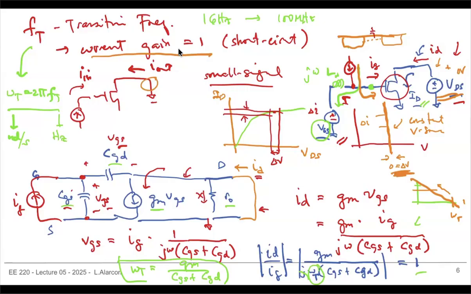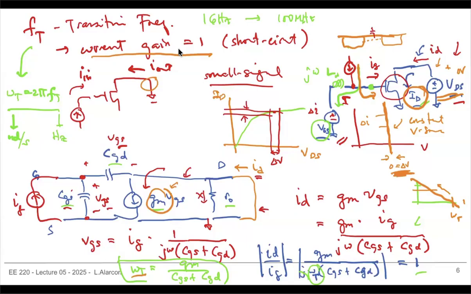Now, the other thing is, as you would imagine, since GM is dependent on your DC bias, what that ID is going to be, by changing ID, you change GM. And you change GM, you change your transition frequency.